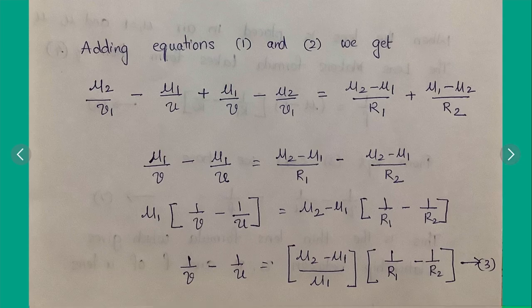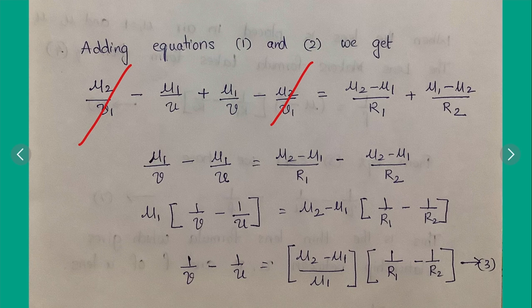Now adding equations 1 and 2: μ2/V1 − μ1/U + μ1/V − μ2/V1 = (μ2 − μ1)/R1 + (μ1 − μ2)/R2. Now, μ2/V1 minus μ2/V1 can be cancelled.